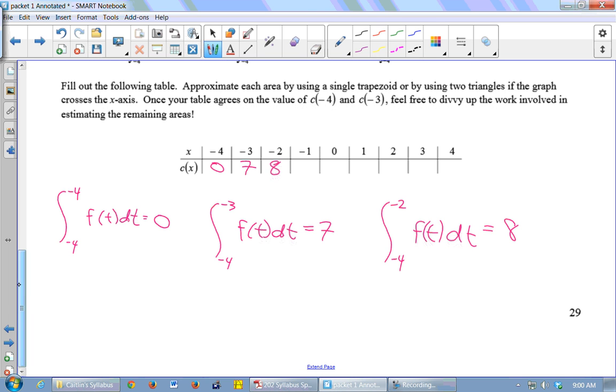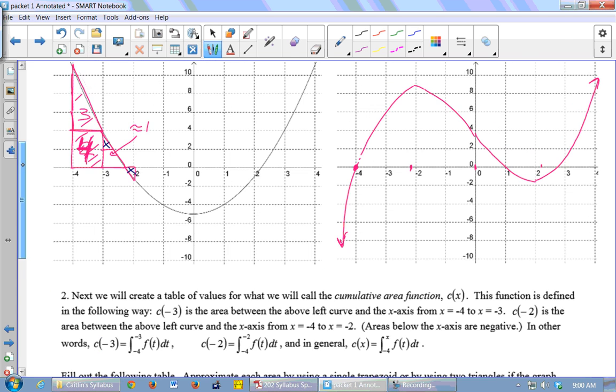All right, so then integral -4 to -1. So now I just have to add the area from -2 to -1. So that's a triangle that's like 4 by 1. So it's got area approximately 2, minus that little chunk, but we'll just ignore it because it's small.